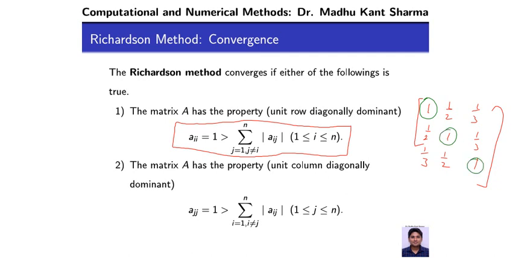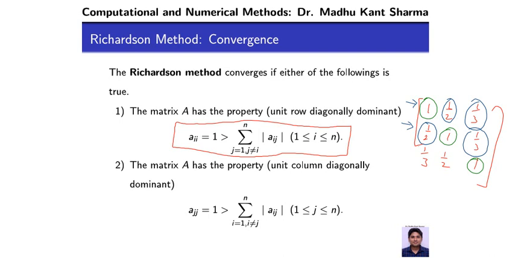The second thing is the sum of the other elements. So 1/2 plus 1/3 should be strictly less than A11, since here you are talking about the first row. For the second row, the magnitude of A21 plus the magnitude of A23 is strictly less than A22.